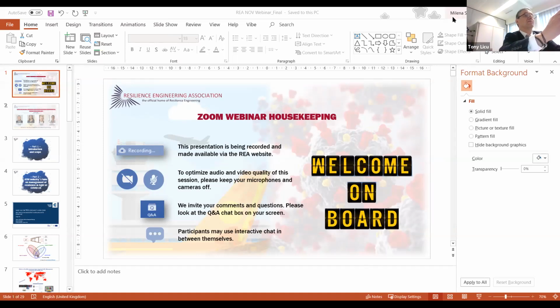Where is the button? And I'll send it in a photo. And I'll send it in WhatsApp. Okay, thank you. What you see, I don't have that option at all. Meeting controls.